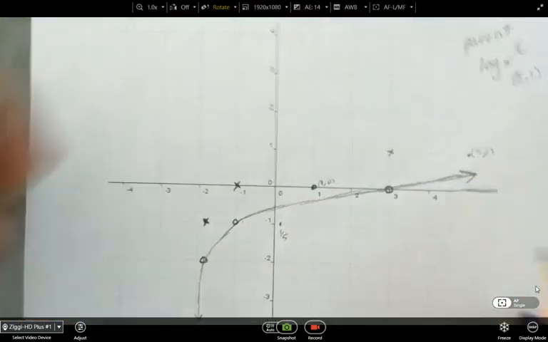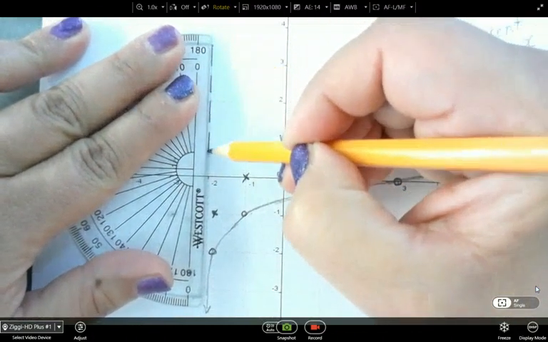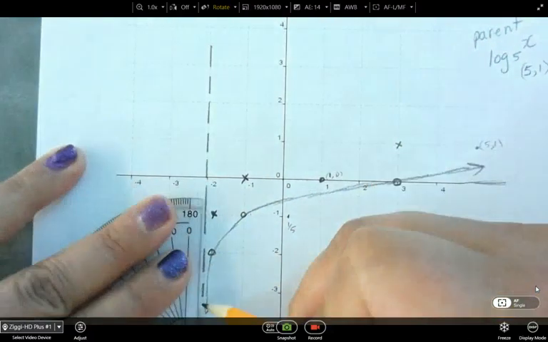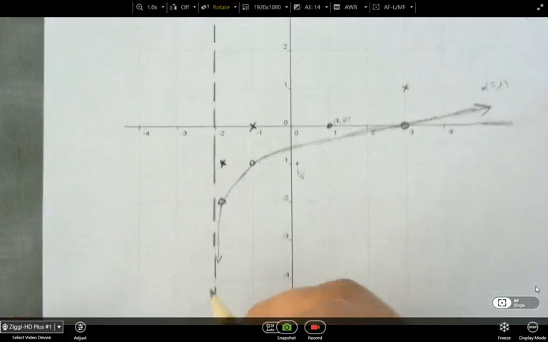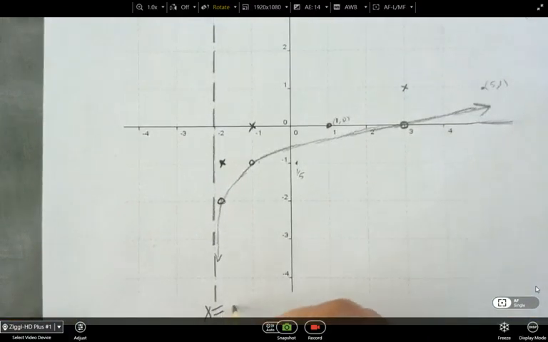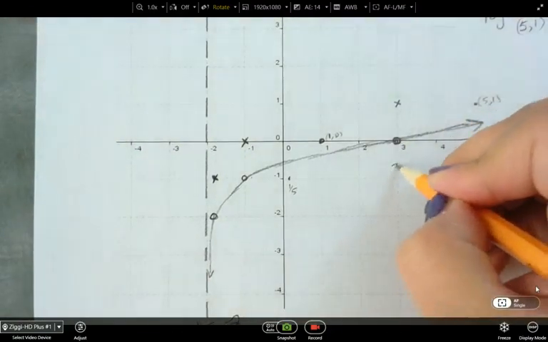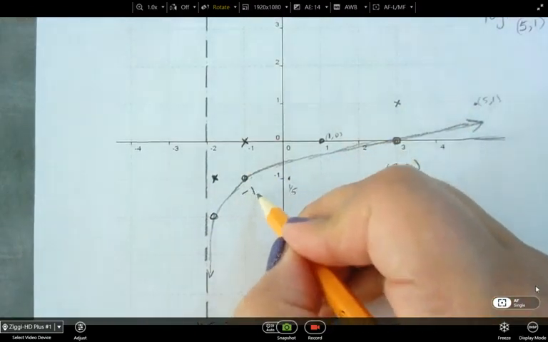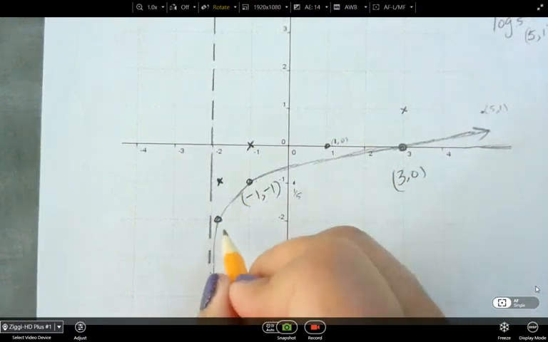So I'm going to get a ruler to draw this down here. Okay, so this is x equals -2. And I think we're good. Let's label a couple of points so that we have them. 3, 0. Where's this point? -1, -1. And what is the value of this point here?